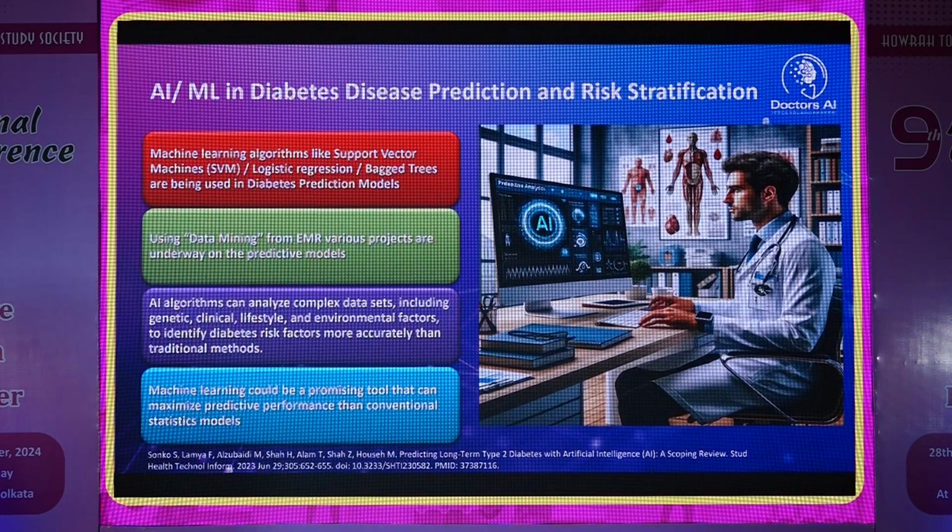So you find the use of artificial intelligence and machine learning in disease prediction and risk stratification through various machine learning algorithms like support vector machine, logistic regression, which is done using data mining from the electronic health record. This is being done in most Western countries, and now with the ABHA and the ABDM compliance coming into our country as well, we will be having a lot of predictive models based upon our electronic health records.